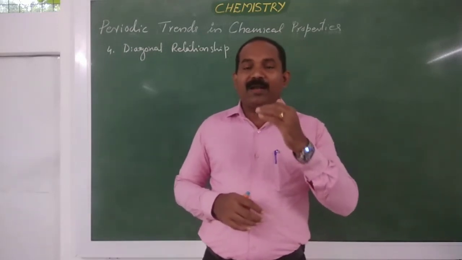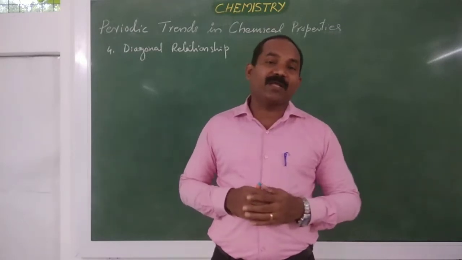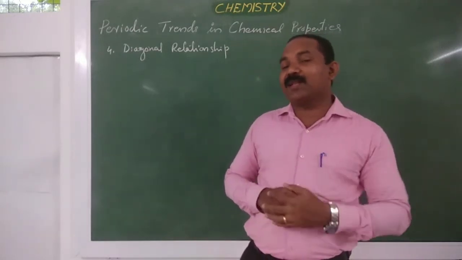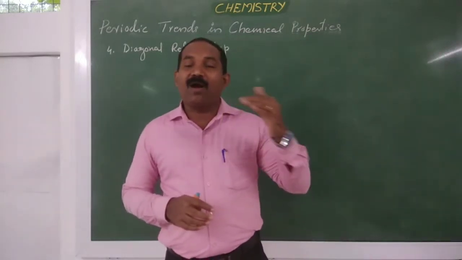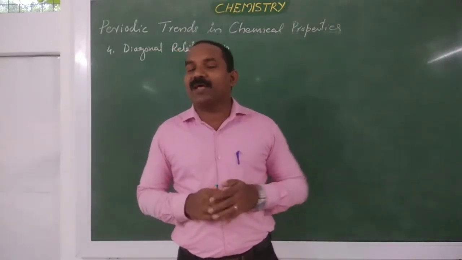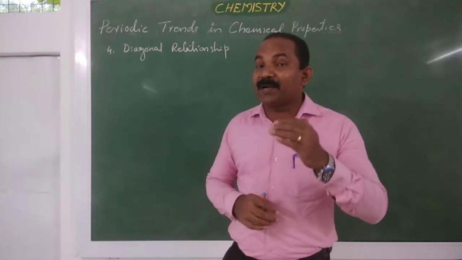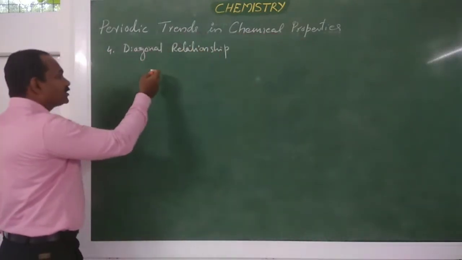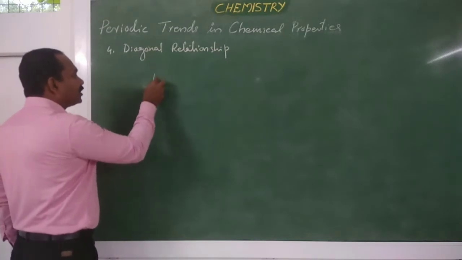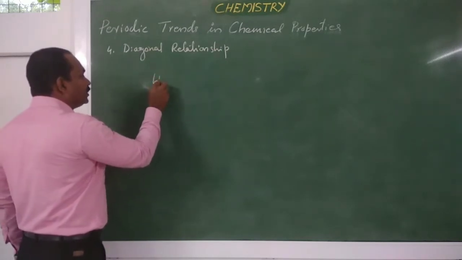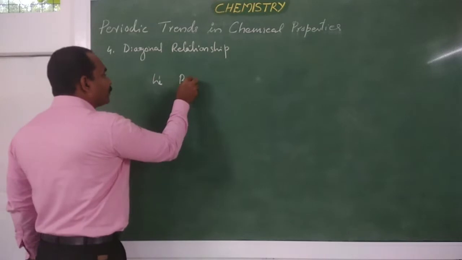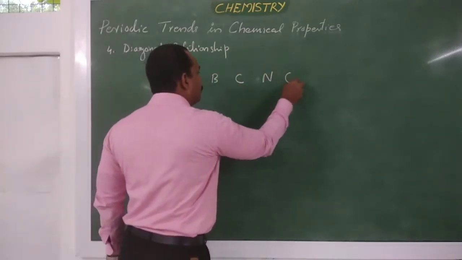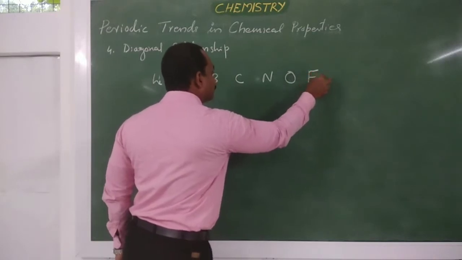So let's move to the fourth property, diagonal relationship, of the second period elements and the third period elements. Let's write some second period elements: lithium, beryllium, boron, carbon, nitrogen, oxygen, fluorine.